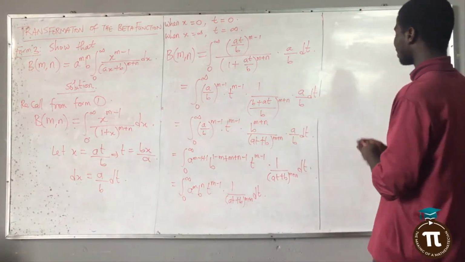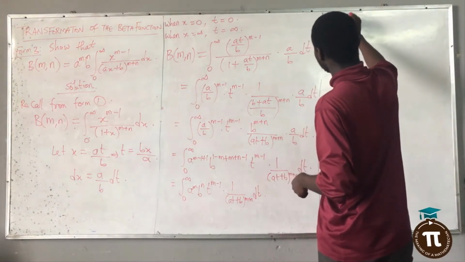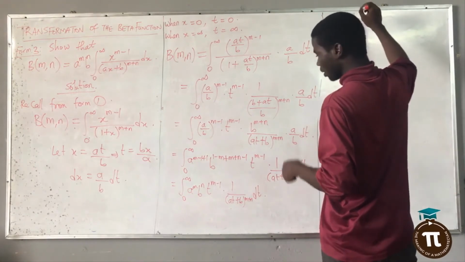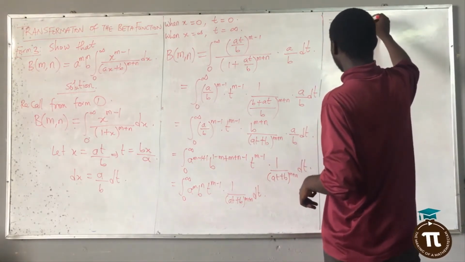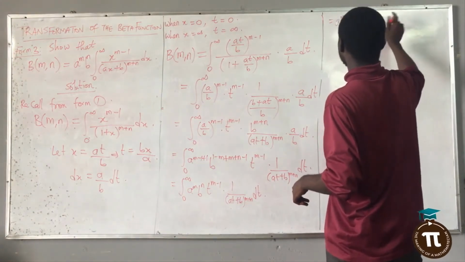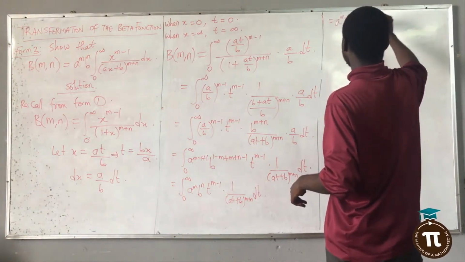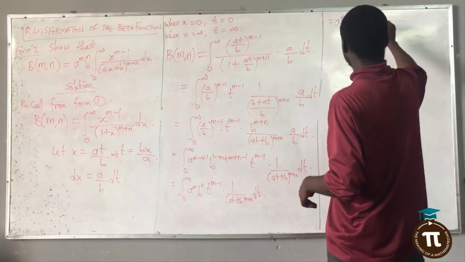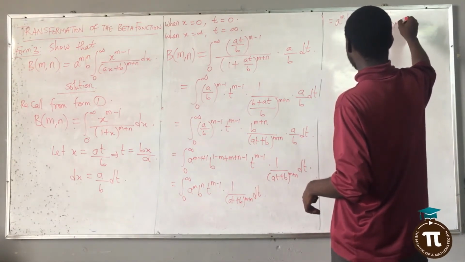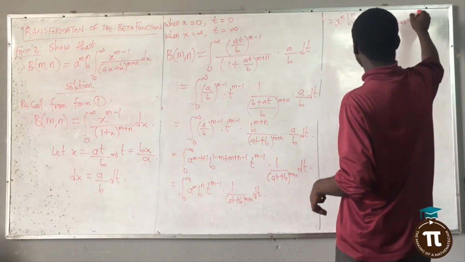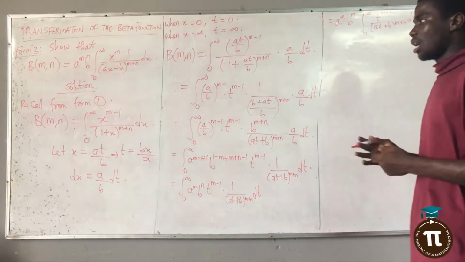To conclude, this one will just be equal to A raised to the power of m, B raised to the power of n integral from 0 to infinity of T raised to the power of m minus 1 all over AT plus B raised to the power of m plus n dt. And we are through.